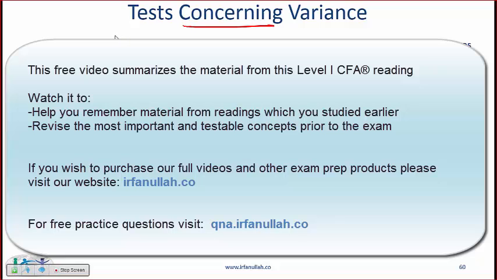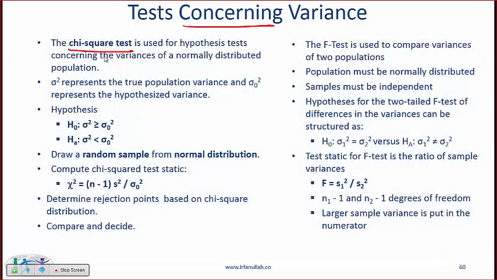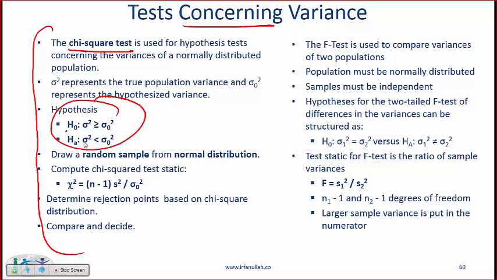So there you just have one population, one variance, and the test that you will do is called a chi-squared test. And these are some points related to the chi-squared test. You will have a hypothesis, null hypothesis, alternate hypothesis. This is what the chi-squared test stat looks like, and you will compare this with a critical value to determine whether or not to reject the null hypothesis.